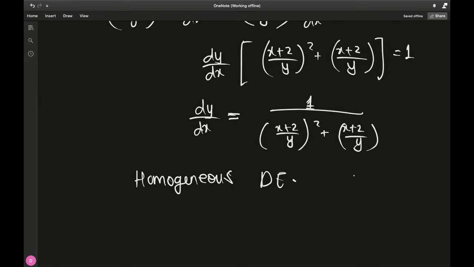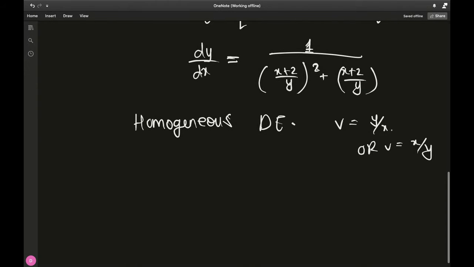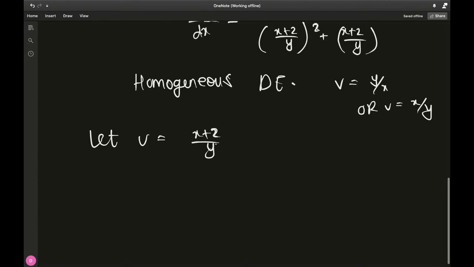So in homogeneous differential equations, we let v equal y over x or v equal x over y, depending on which variable we give preference. But in this special differential equation of today, we're going to use a slightly different substitution, which is actually inspired by this. So let's use v is equal to x plus 2 over y, because if I do that I have v squared plus v in the denominator.